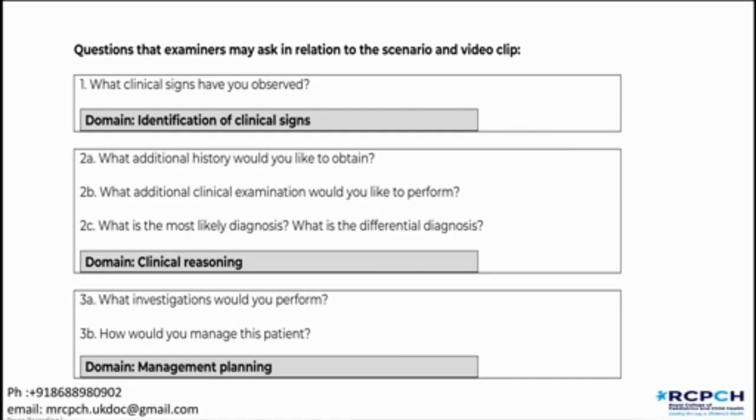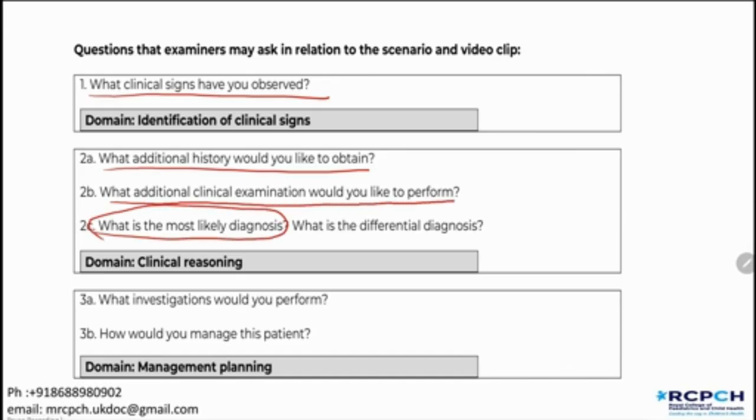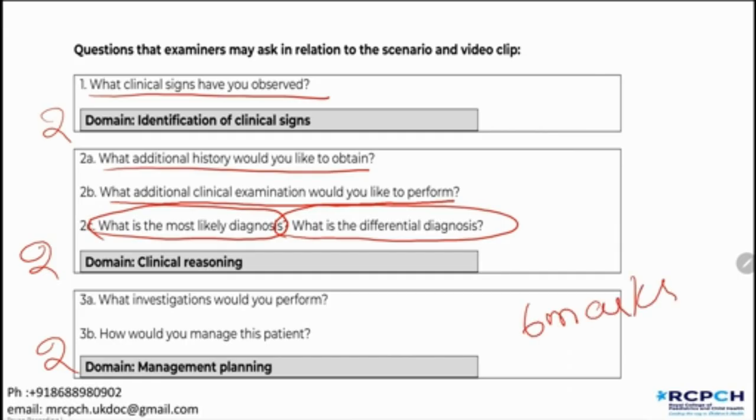So these are the questions asked by the examiner in the video station. What clinical signs you have observed, what additional history you would like to take, and what additional clinical examination you would like to perform to arrive at the diagnosis. What is the most likely diagnosis, and what are the differential diagnoses. Each domain has 2 marks, so a total of 6 marks for the station. 9 minutes and 6 marks.